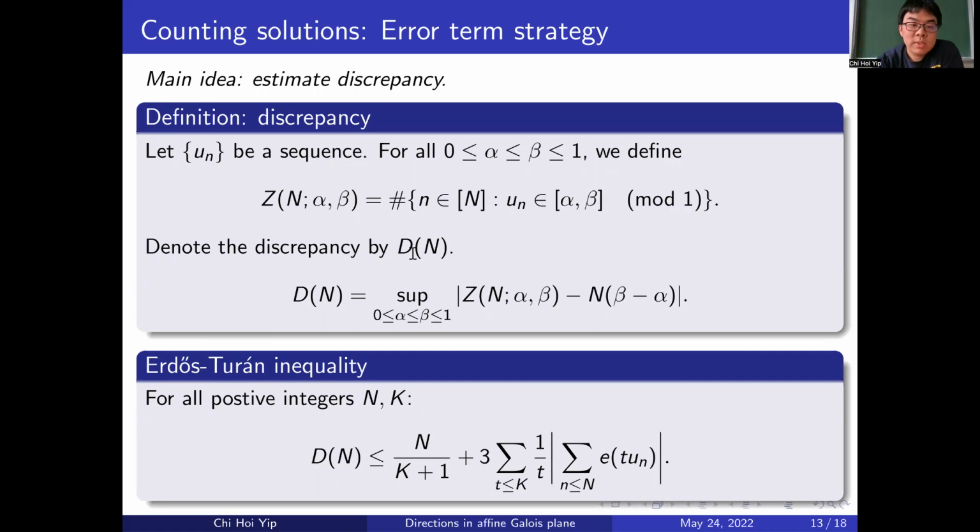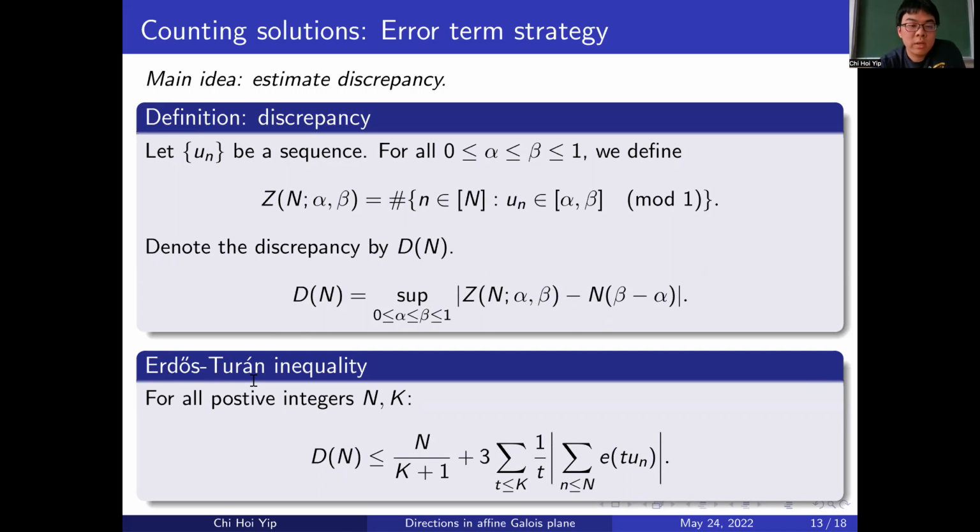Then the discrepancy is given by the maximum value of the difference between Z_N(alpha, beta) and its expected value, which is N times (beta minus alpha). And for our purpose, the problem is exactly to bound the discrepancy.